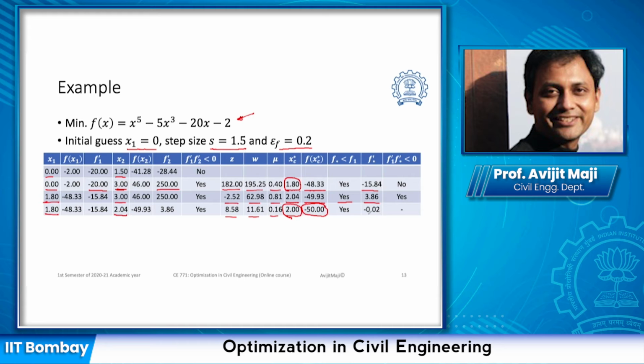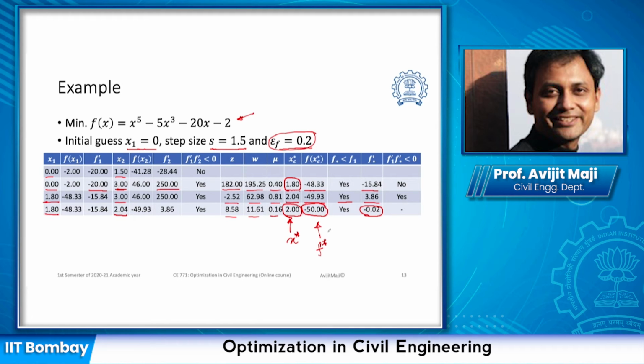So we look into the slope. Slope is reasonably low, which is actually lower than the precision which we want to achieve. So we can stop right here and report this as the optimum point and this as the optimum objective function value.